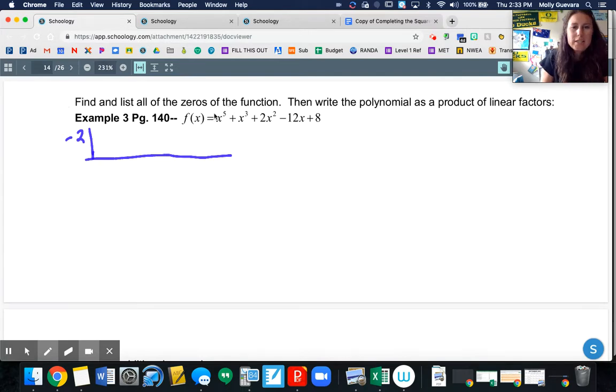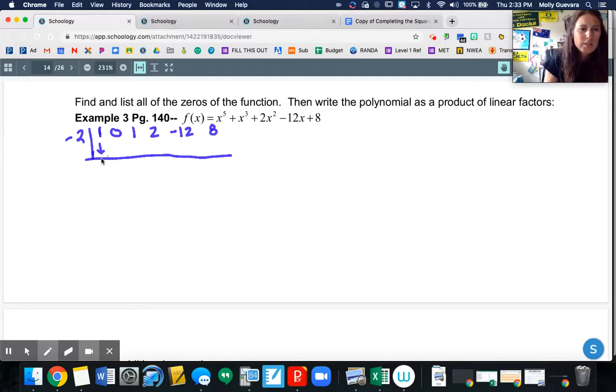So x to the 5th, the coefficient is 1. X to the 4th, there is no x to the 4th. X to the 3rd has a coefficient of 1. X squared has a coefficient of 2. X to the 1 has a coefficient of negative 12. And x to the 0 has a coefficient of 8.